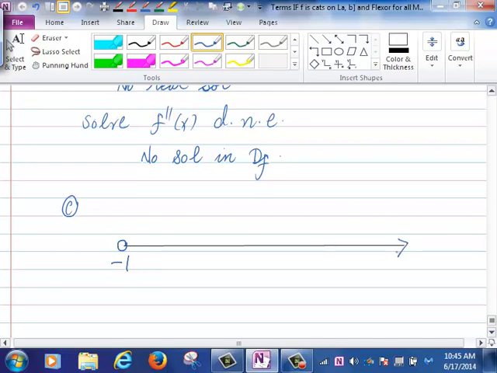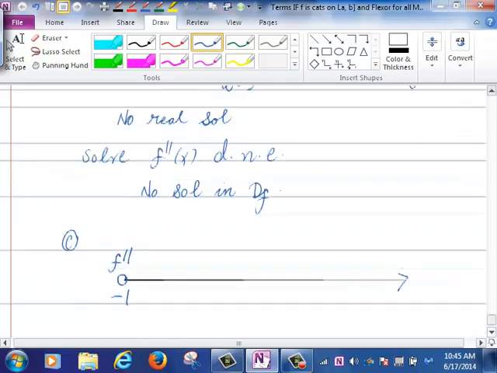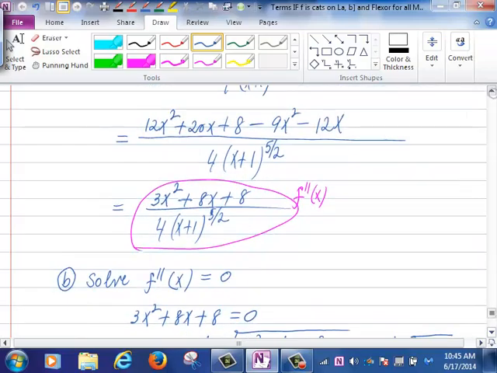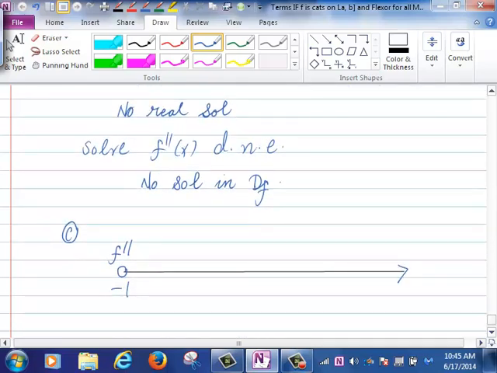And what's the sign of the second derivative then? Well, I look at the second derivative. You can plug in whatever you want. But it is clear that if x is larger than negative 1, the numerator is always positive, right? If you want, you can plug in 0, for example. I didn't have any critical points, so I didn't divide the domain at all. So you just pick any point and see what's the sign. So plug in 0, for example, you get 8, so it's positive. So I know that the second derivative is always positive.